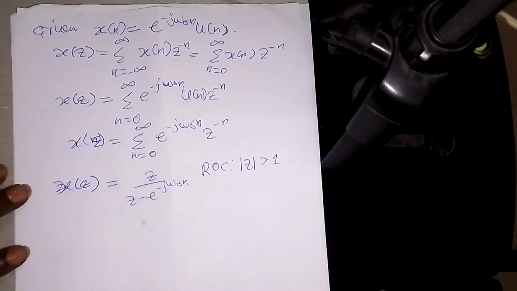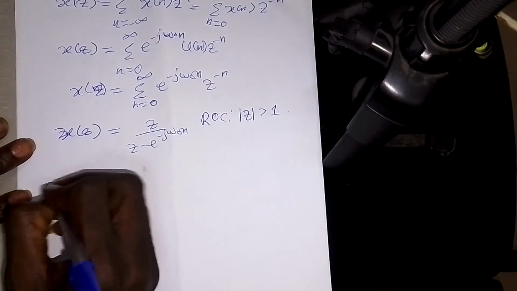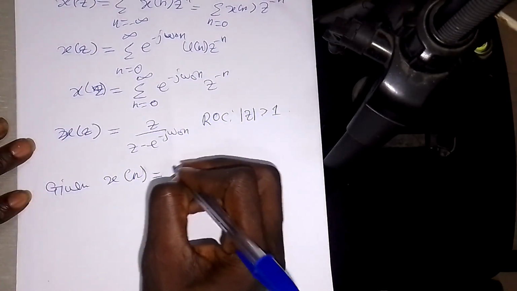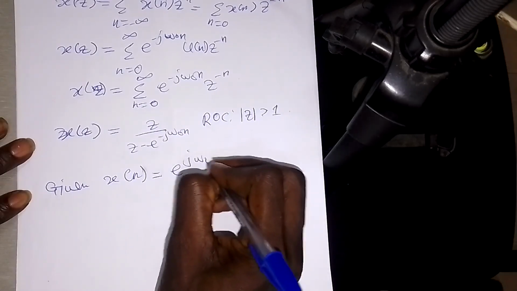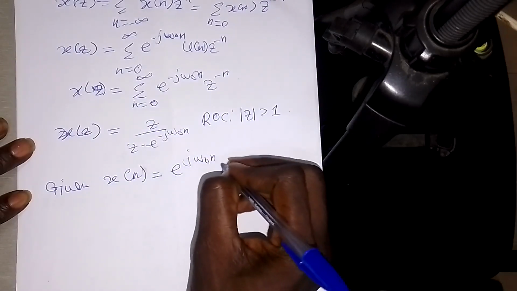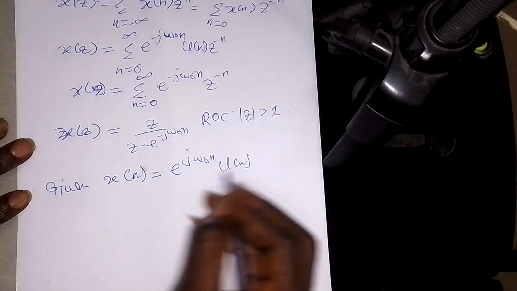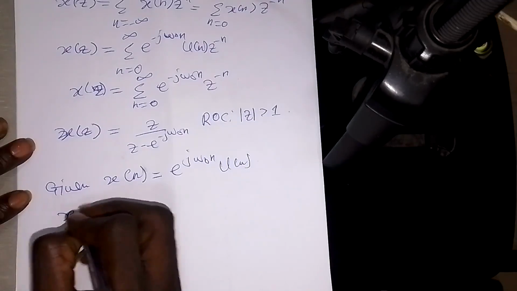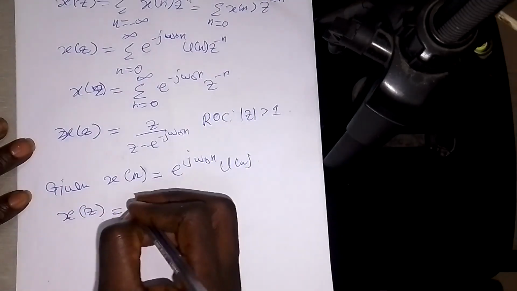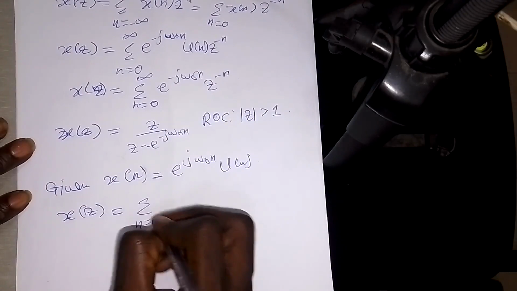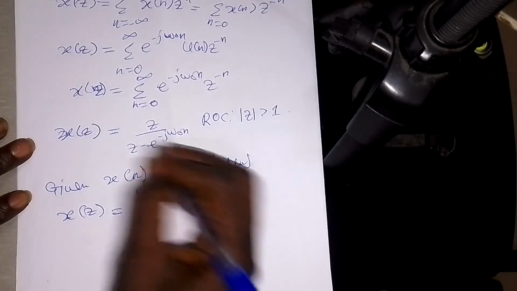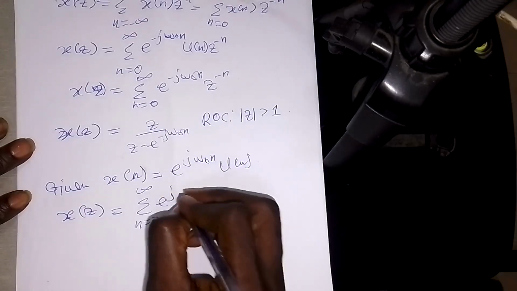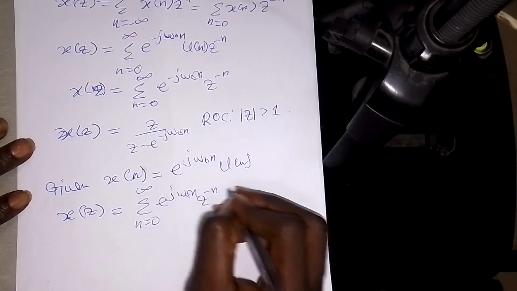So now also, given this one, x of n equals e j omega naught n into u of n. Here this is starting from 0. So we can see that X of z is equal to summation n equals 0 to infinity of e j omega naught n into z minus n.